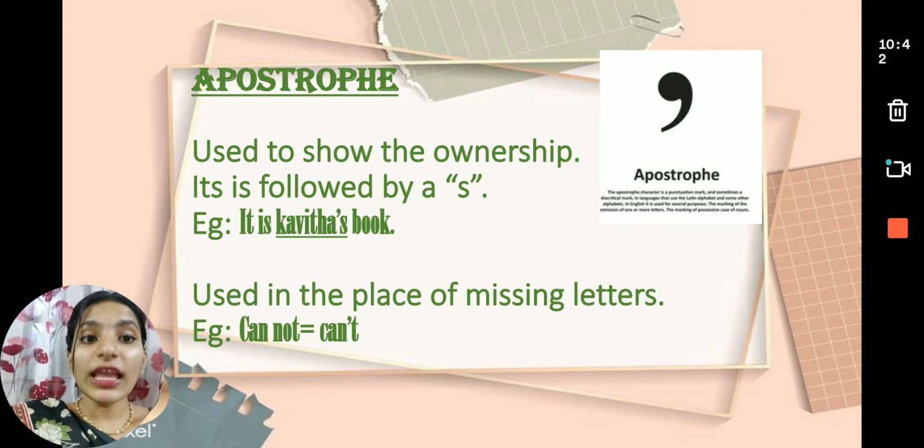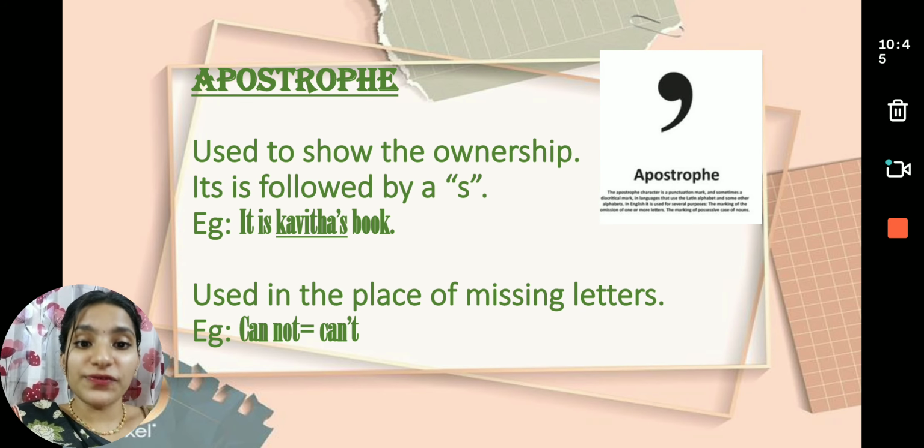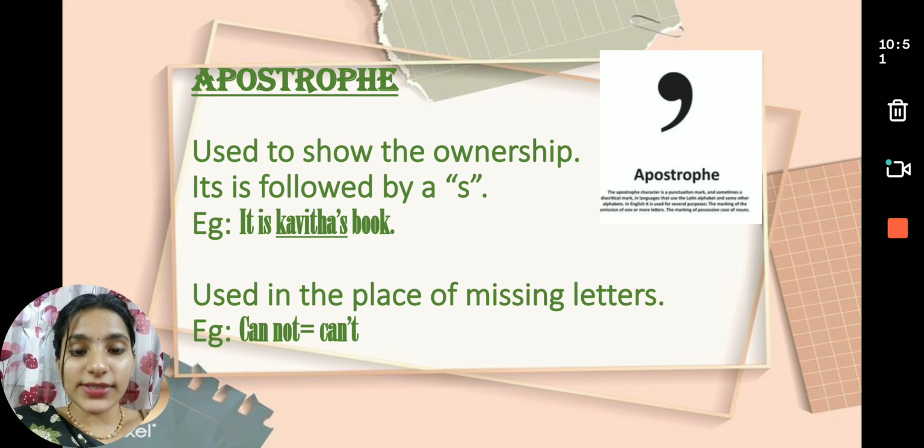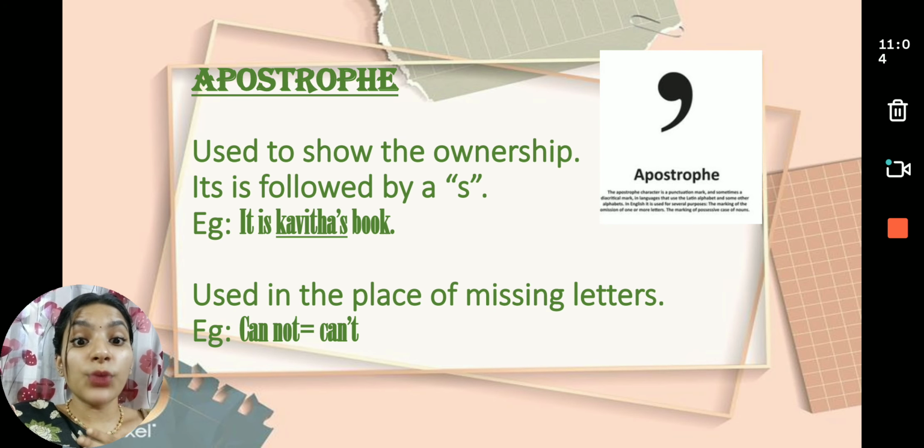Then we have the apostrophe. An apostrophe will look like a comma, but it will not be used in the same place. It is used to show ownership, and it is followed by the letter S. So when we want to show ownership, for example, it is my book, we're saying it is mine, right?